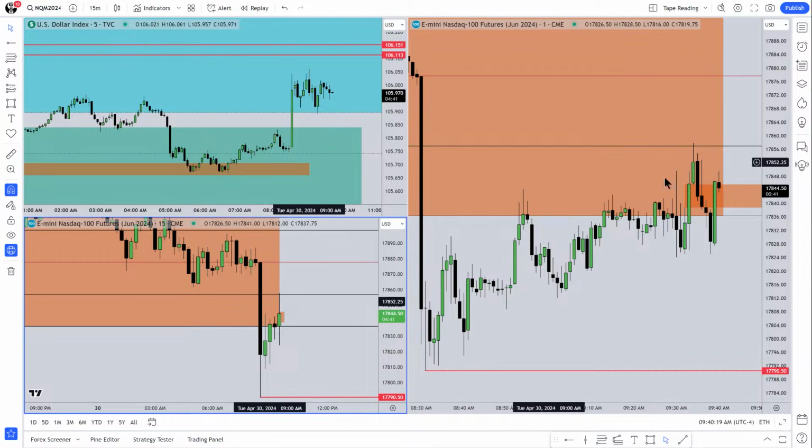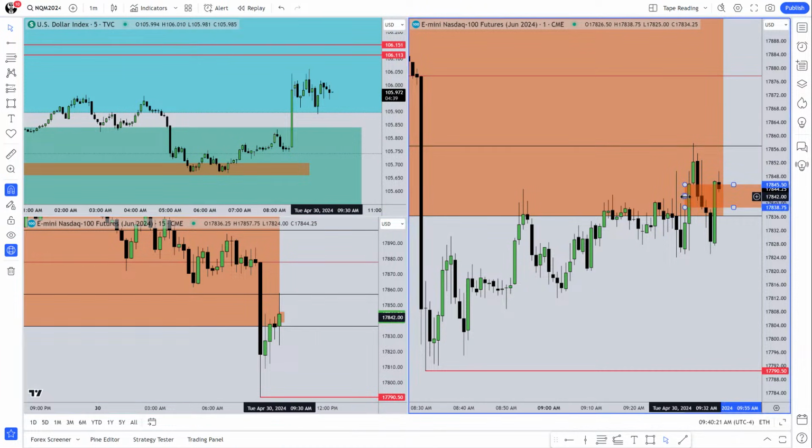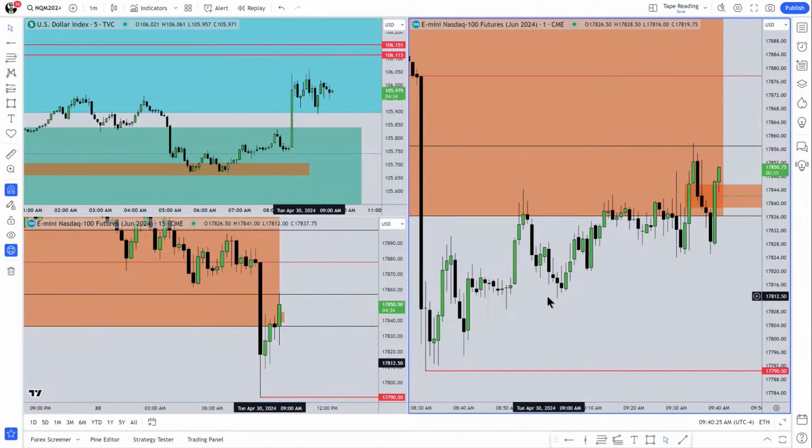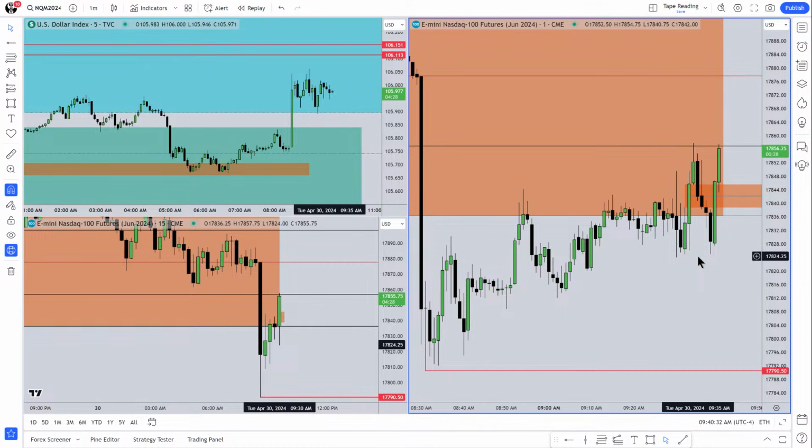Okay, watch the midpoint of this. We're not getting anything out of the dollar yet, reaching for that mid-gap level on Nasdaq with no participation on the dollar at all.